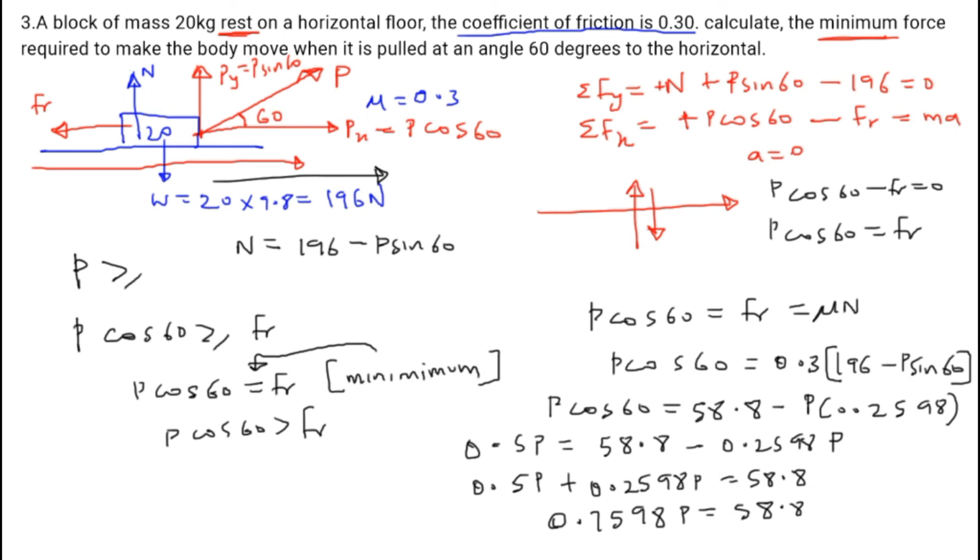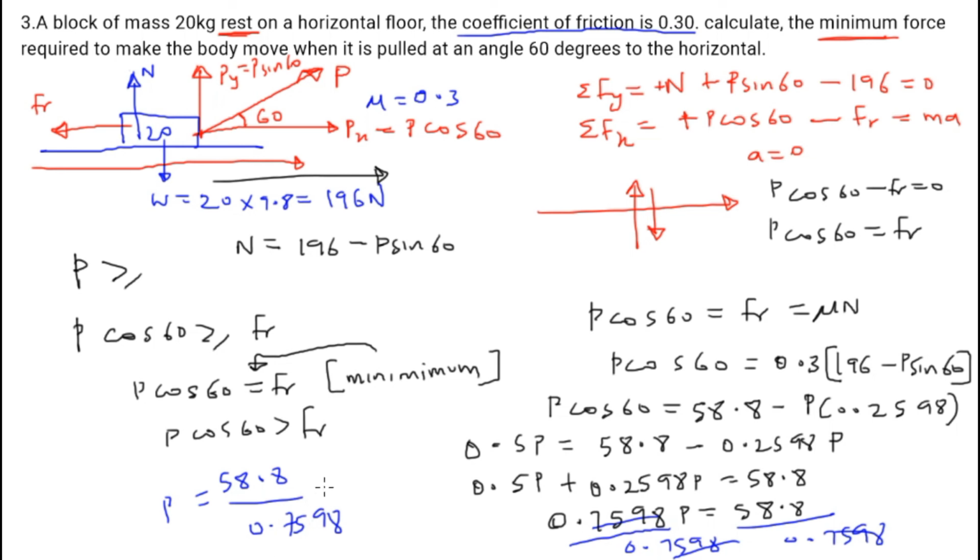So I can divide both sides of the equation by 0.7598, so that I will have P equal to 58.8 upon 0.7598, which is equal to 77.39 Newton.